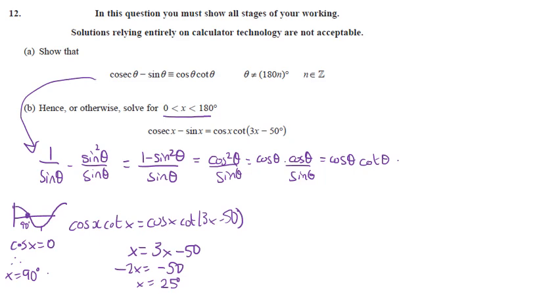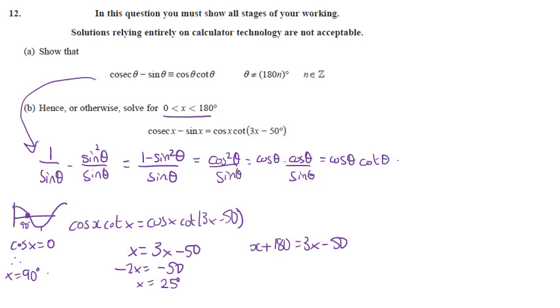But we also know that cotangent, 1 over tangent, has a period of 180 degrees. So an alternative is that instead of just x is equal to 3x minus 50, we could have said x plus 180 degrees is equal to 3x minus 50 degrees.